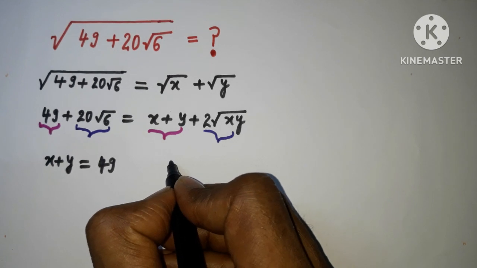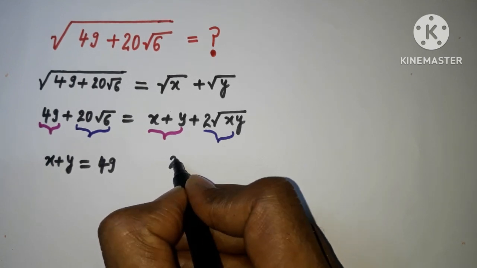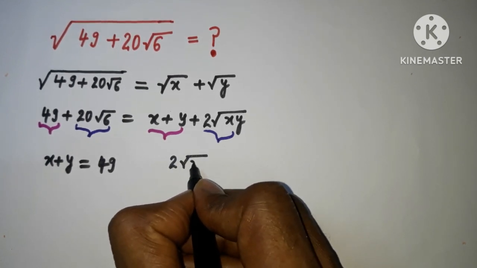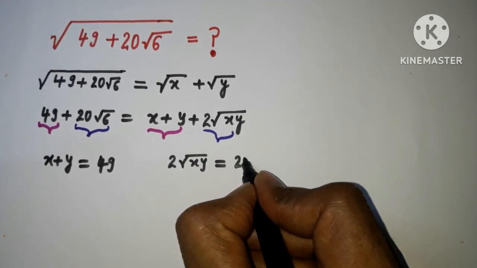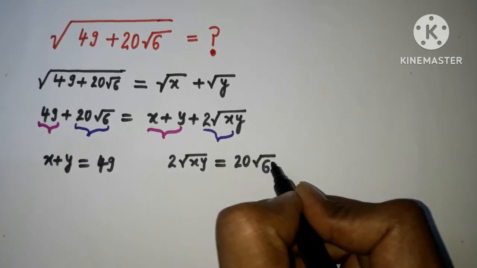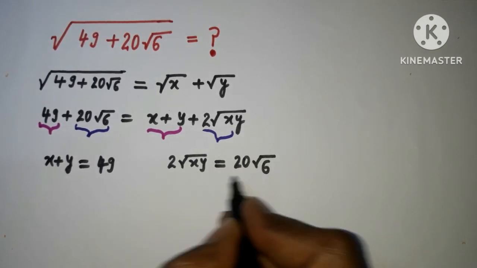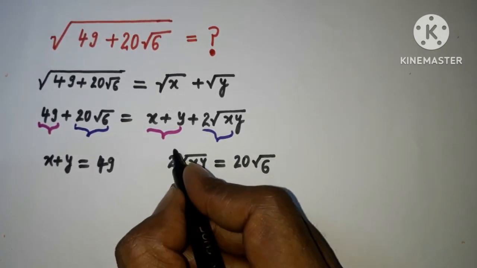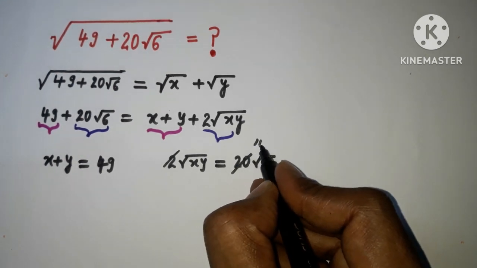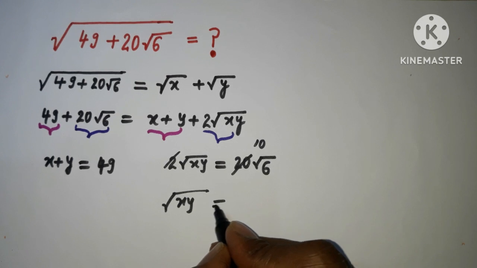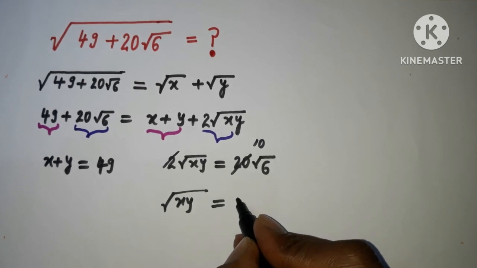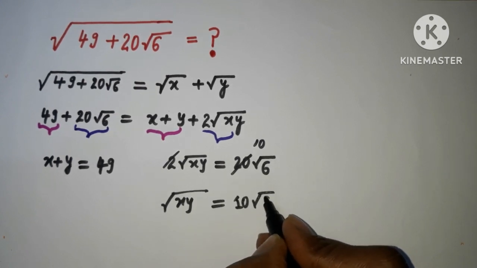and we have another one, that is 2 root under x into y, which is considered as 20 root under 6. This can be achieved by cancelling. This one I'm going to cancel. So we have root under x into y, and that is 10 root under 6.